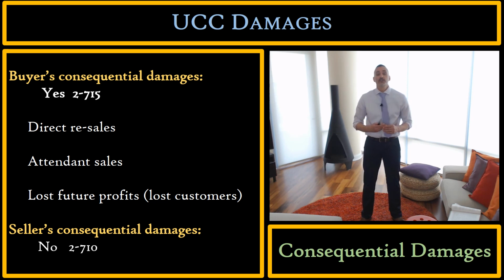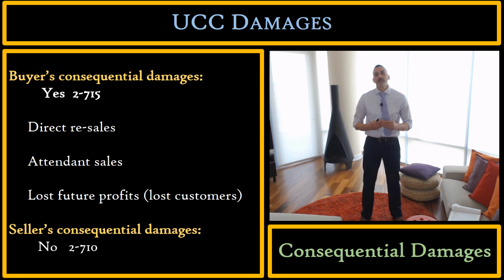Why? Go look at 2-710. Under 2-710, it says seller is entitled to incidental damages. It makes no mention of consequential damages. But 2-710 does not expressly say seller is not entitled to consequential damages. So how do I come to the conclusion that seller is not entitled to consequential damages? Well, do you remember when we talked about maxims of construction?